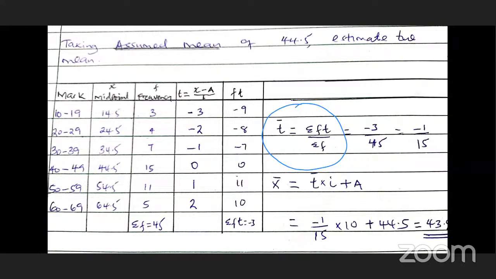Now, what is this thing that we are calling t? T, as seen in the highlighted bit, is each mark subtract the assumed mean. We make an assumption. We have the data there, then we make an assumption: what could be the mean of this data? Without calculation, we make an assumption.